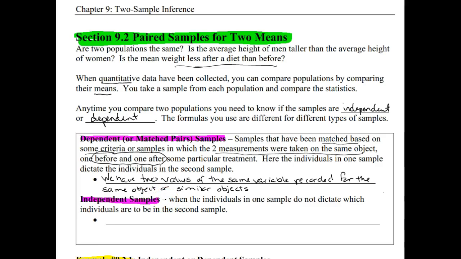If they have not been matched in any way, it's not a before-after type study, then we've got independent samples. This is when the individuals in one sample do not dictate or determine which individuals are to be in the second sample.